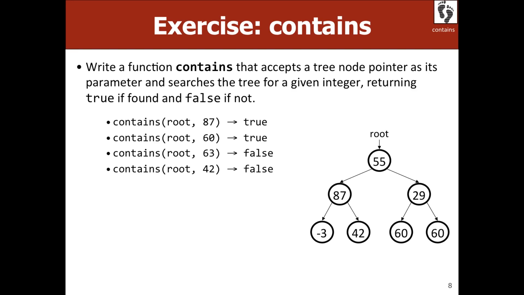Yeah, exactly. So the idea is we're still going to be looking at all the values in the tree. So we still want to use a traversal, but instead of actually printing the value, we want to see if the value at that node equals the value that we're looking for. So exactly right. Like I said, all tree problems are basically traversal problems in disguise.